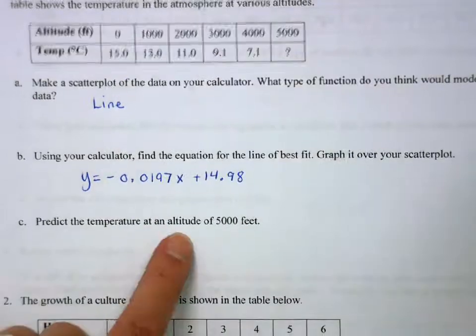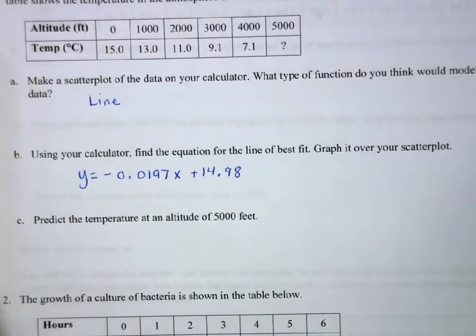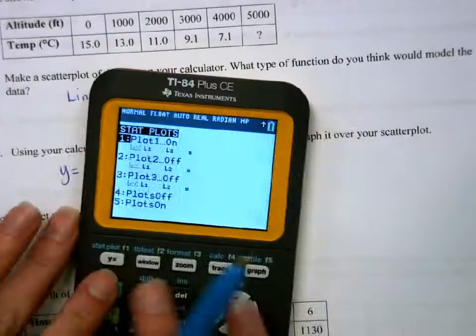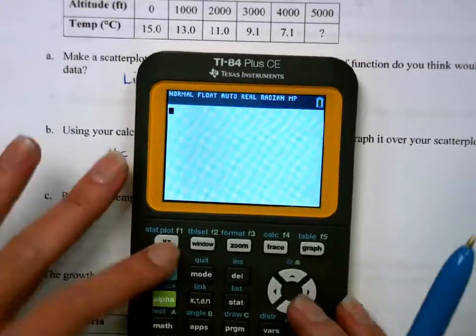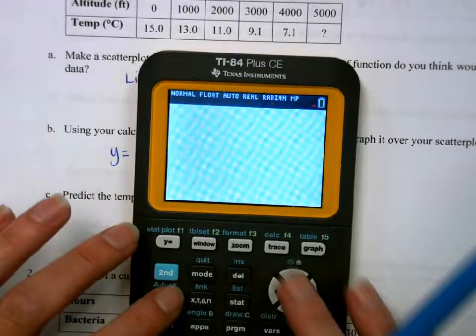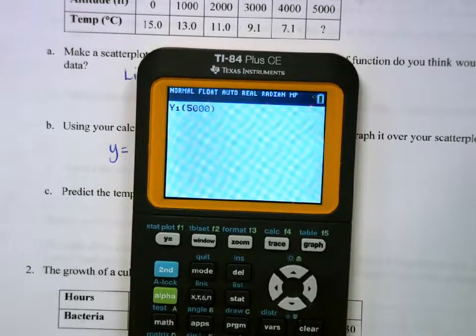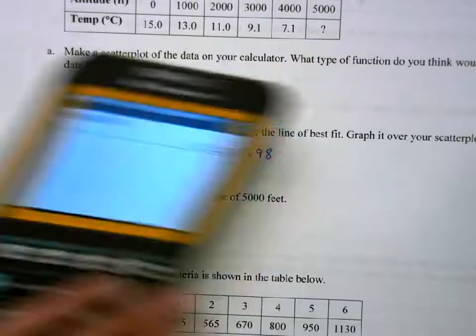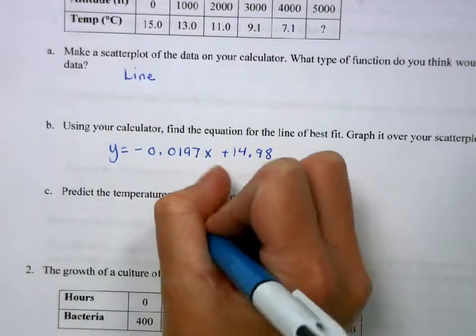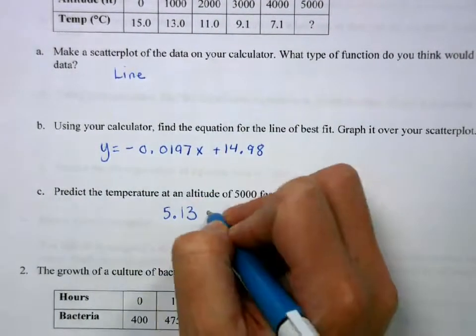Okay, then I can predict at 5,000. Okay, I have in y1 that linear equation. It's stored in there automatically. So I can just do y1 evaluated at 5,000. That would be degrees Celsius.